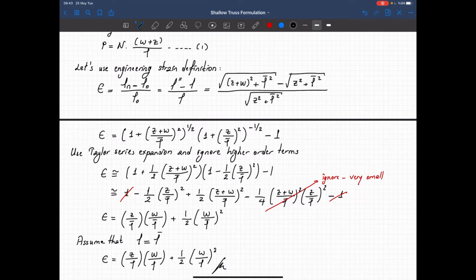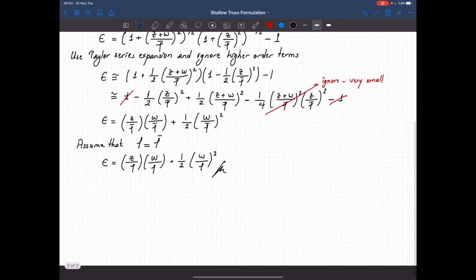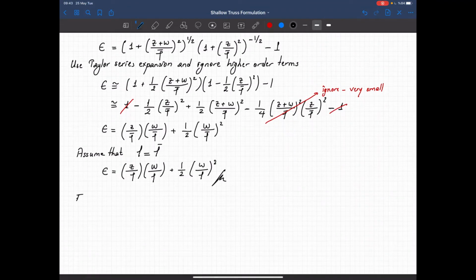Okay. Now, for an elastic material, the axial force on the truss is equal to E times A multiplied by the strain.